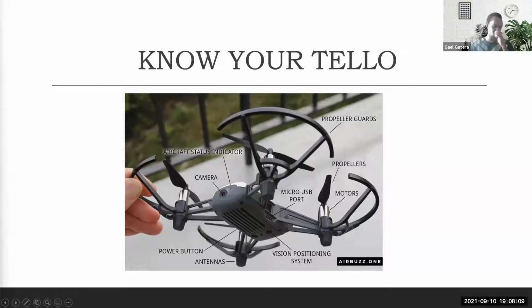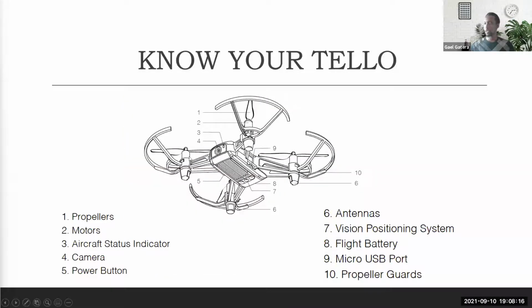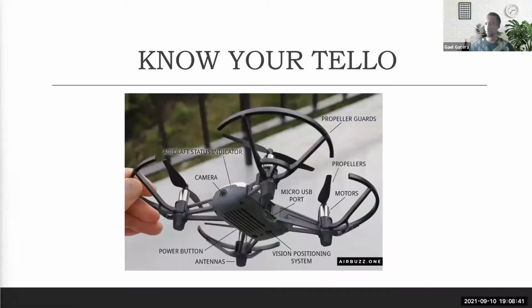It basically shows what state the Tello is in, whether it's still charging, and so on. It has a camera, a power button, antennas, and then a vision positioning system at the bottom so that the internal systems in the drone know how high it is. It has a flight battery, and a micro USB port for charging. It also has propeller guards to make sure that whoever's flying the drone is safe, right?